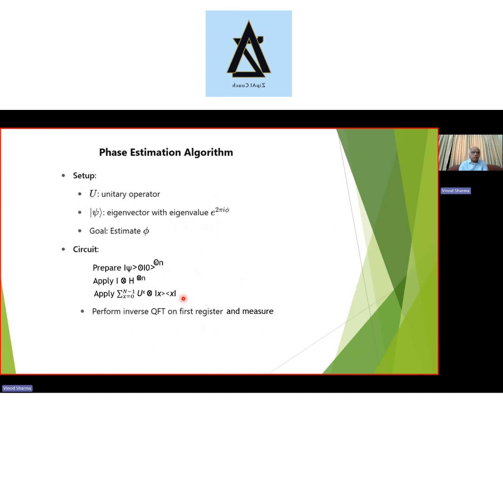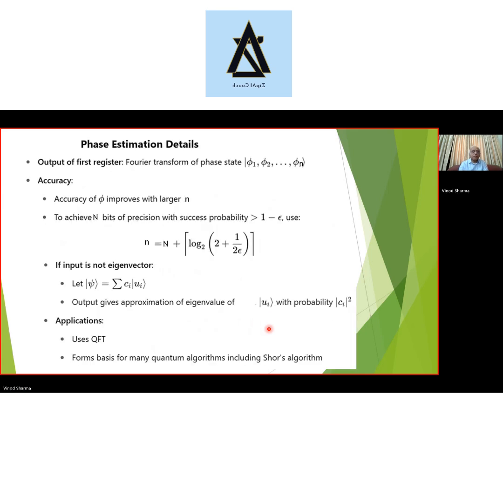So once you get this state, on this you apply the inverse quantum Fourier transform on the first register, this register that we are talking about, and then do the measurement. You get the Fourier transform in these phases here. To get the accuracy of the phase phi associated with the eigenvalue, you may not be able to get a completely accurate one for any finite number of digits.